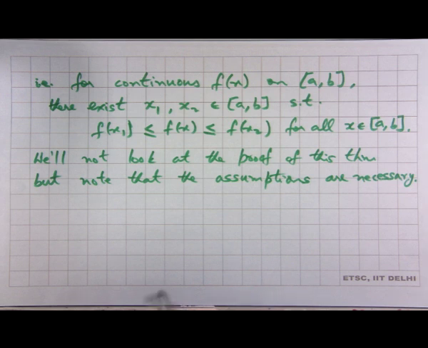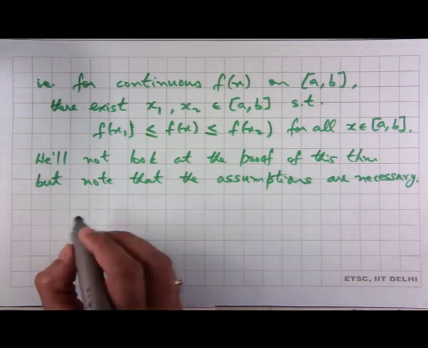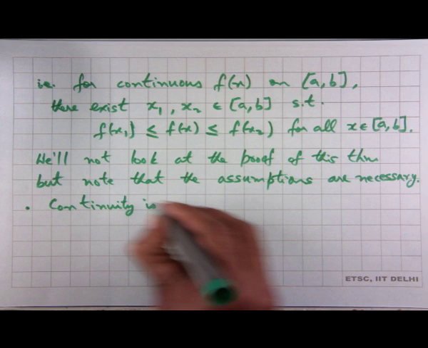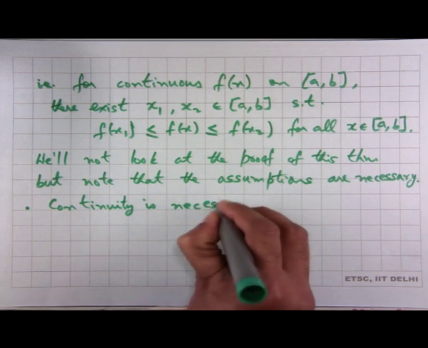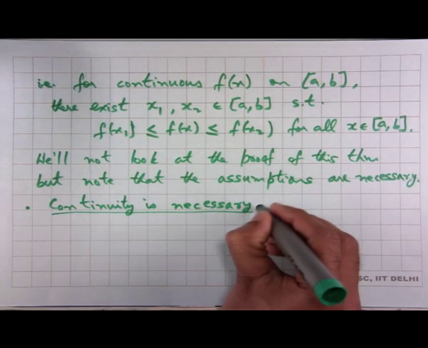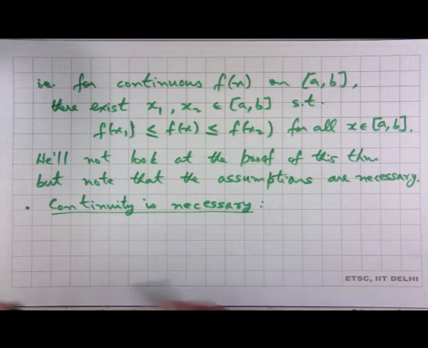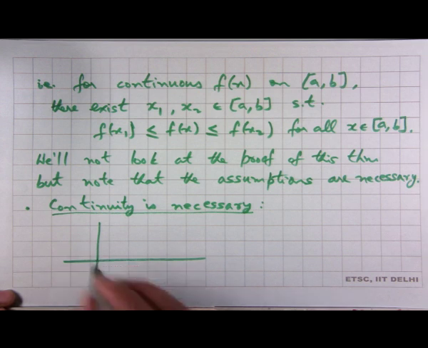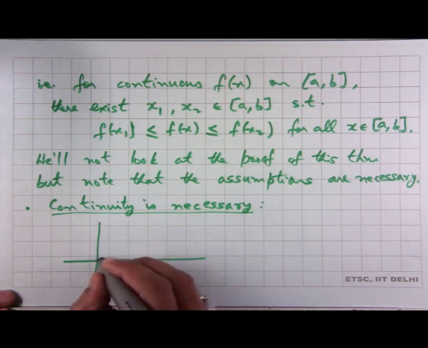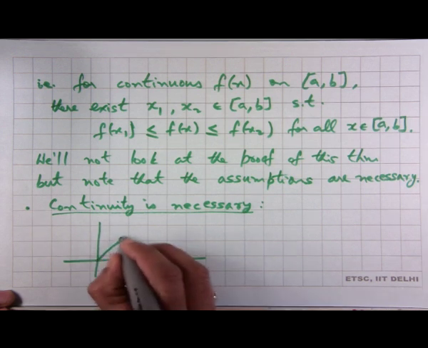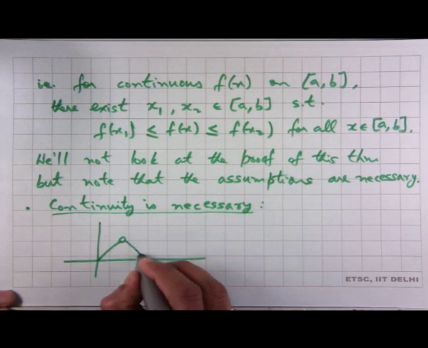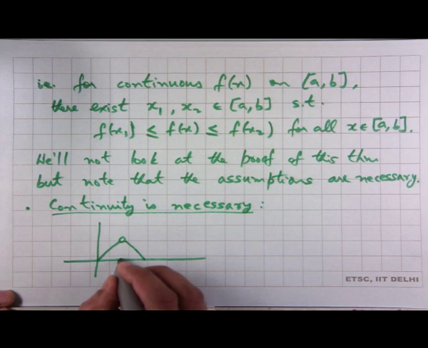First one, it is very easy to see that if the function is not continuous, then continuity is necessary, because otherwise you can have, say, this function, and at this point it is equal to 0.